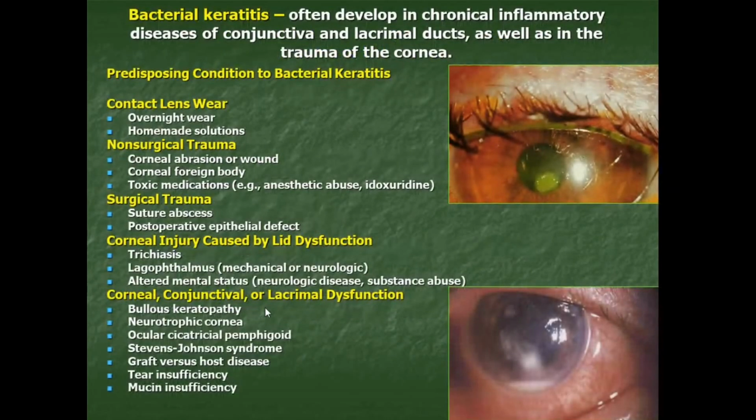Some words about bacterial keratitis. Bacterial keratitis often develops in chronic inflammatory diseases of the conjunctiva and lacrimal ducts, as well as in a case of trauma of the cornea.